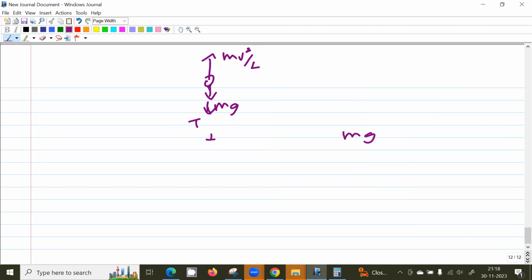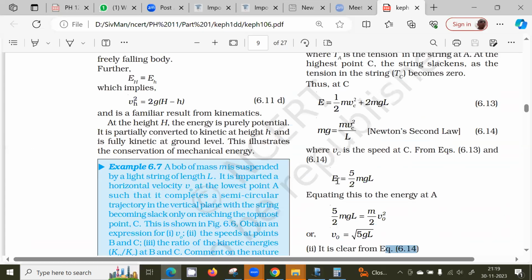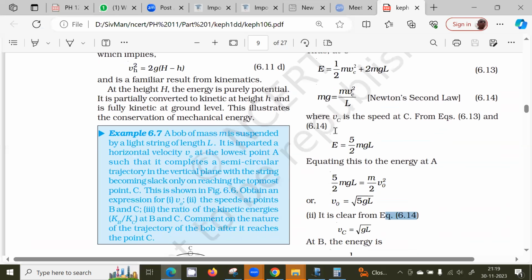So I have mg equal to mv square by L. Okay, from this I'll get v as root gL at this topmost point. So that's what they have done here. From this I'll get the velocity at point C as square root of gL. Okay. So once I know that, I can find the rest.